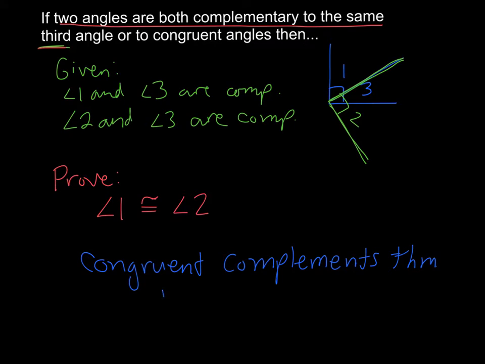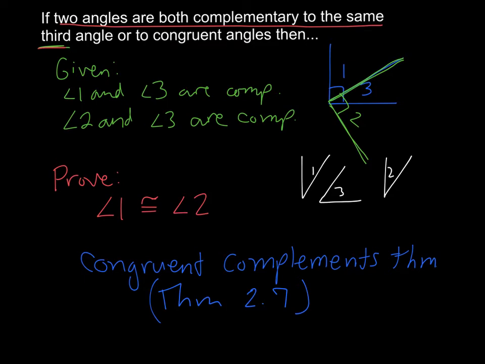Number will vary, but in your textbook it is theorem 2.7, just to give you a reference point if you want to go and read it in there. One other way that this could look, if the picture there is confusing you, try drawing it this way. Just give yourself an angle 1 and an angle 3 that aren't adjacent to each other, and then give yourself some other angle 2 over here, and we've got the same thing going on.